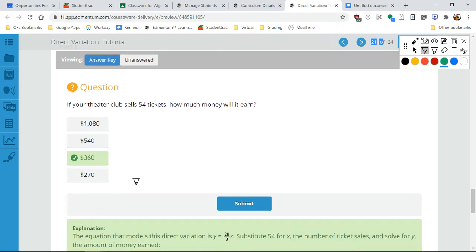All right. So what's happening here? What's happening here is we're trying to figure out what's going on. So it's $20 is 3 people. So if we're doing 45, we're getting this 360.